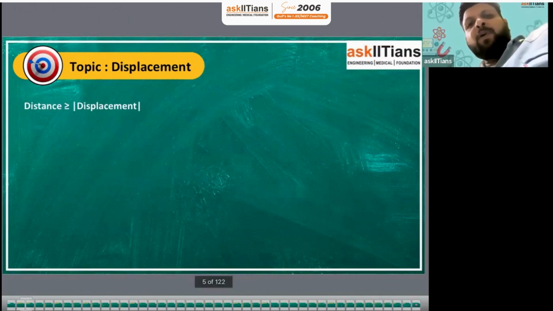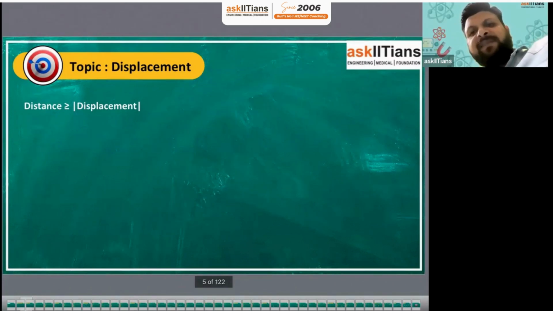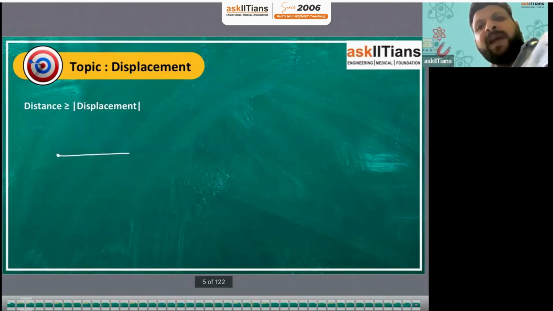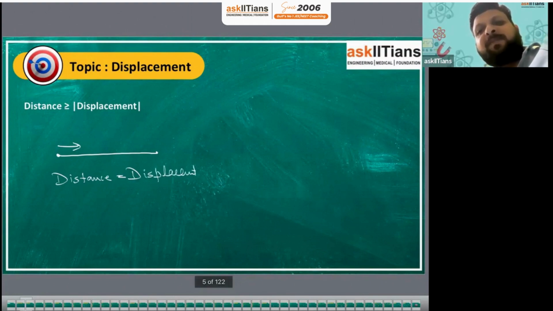Now, as we know, displacement is a shortest path and distance is a total path length. That means we can say distance is either greater than or equal to displacement. For example, if a person is going in a straight line, then in this case distance will be equal to displacement.